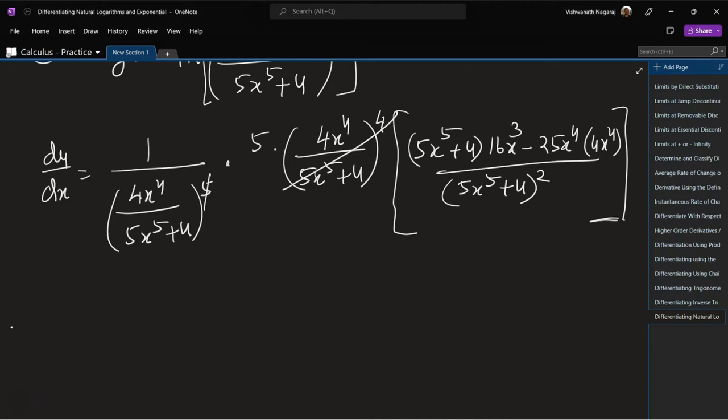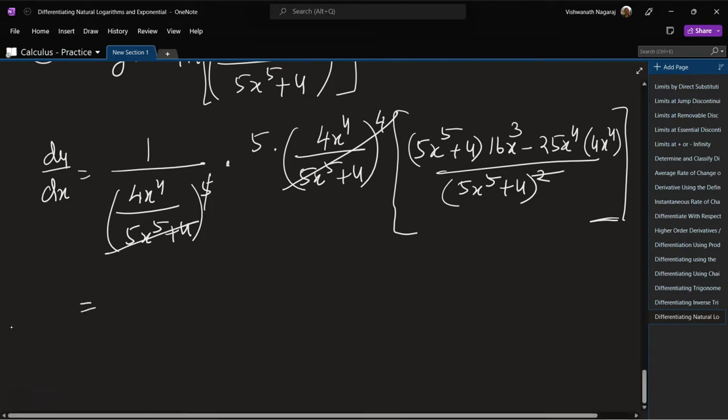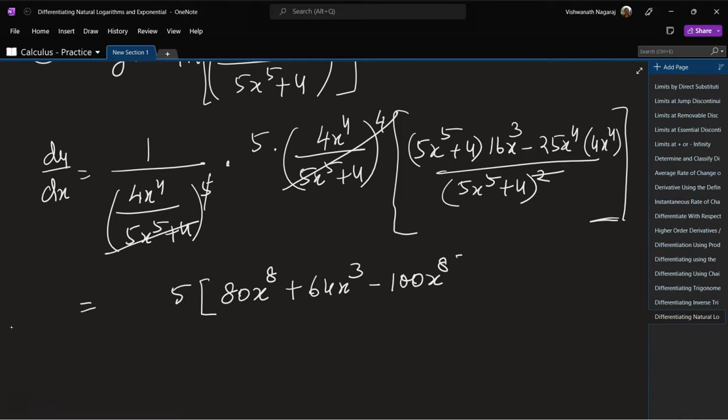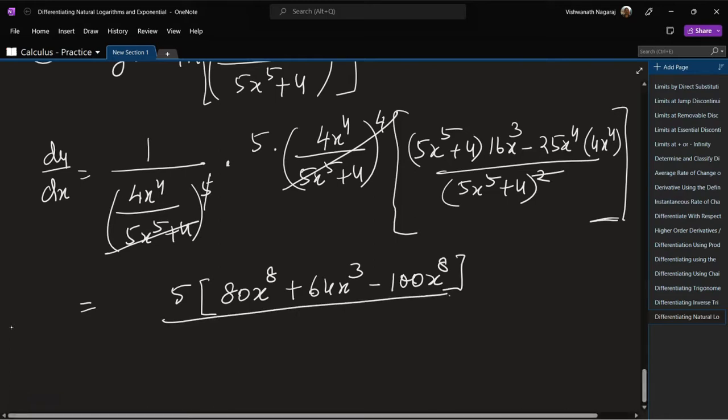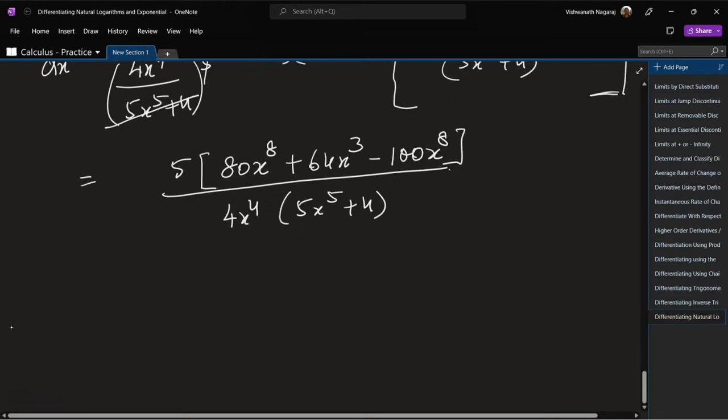Here again we have 5x^5 plus 4 squared and 5x^5 plus 4, so this one and this one will go off. So this becomes 5 times 16, 5s are 80 x to the power of 8, plus 16 4s are 64 x cube, minus 100 x to the power of 8, divided by 4x^4 times 5x^5 plus 4.